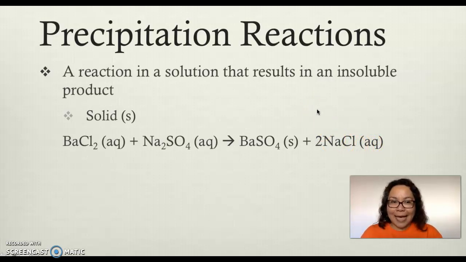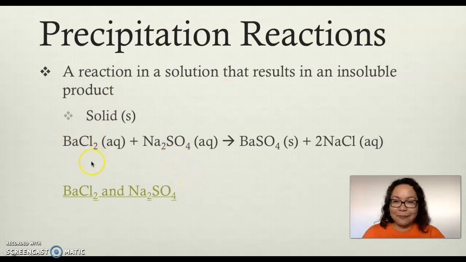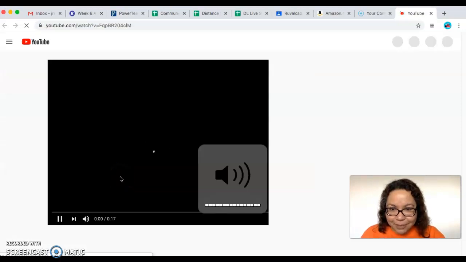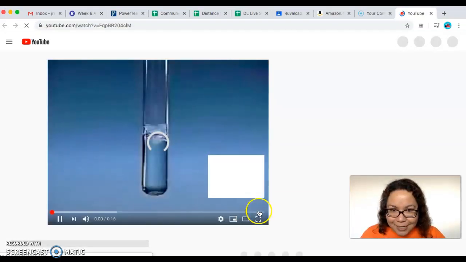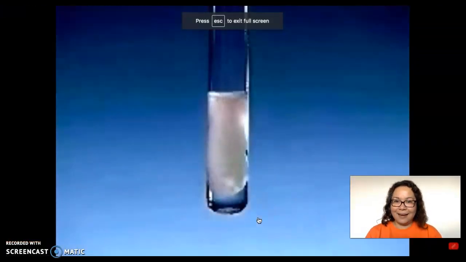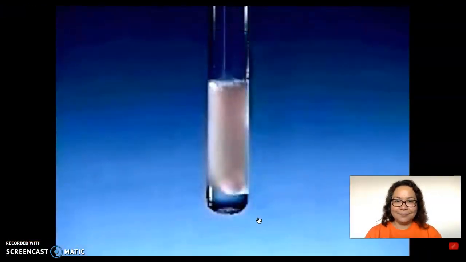Now let's take a look at what actually happens when you mix those two together, the barium chloride and the sodium sulfate. I hope you will be able to see this from this recording. Let's turn up the volume. When aqueous barium chloride is added to a solution of sodium sulfate, a white precipitate of barium sulfate is formed.